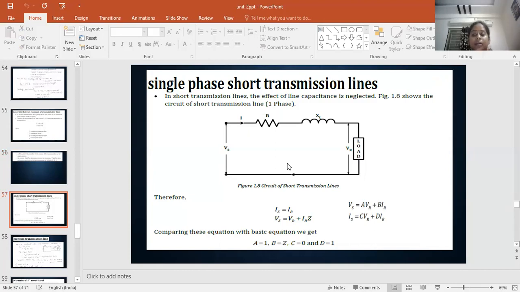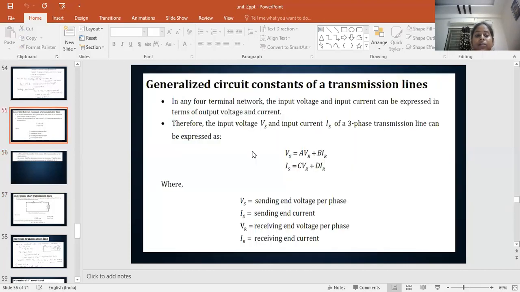Next, I will once again repeat that derivation. First of all, generalized circuit constants are four constants, that is nothing but A, B, C, D. By using these four constants, the input voltage and currents can be expressed in terms of output voltage and current.